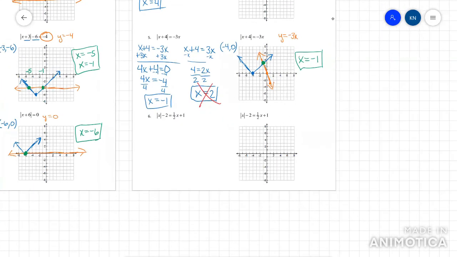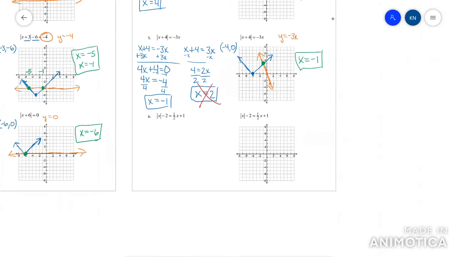All right, and then this last problem, I like this example better than the previous one. Basically, graph your absolute value part first. It has a vertex of 0, negative 2. Put a dot there. Then it still just has a 1 for its slope.